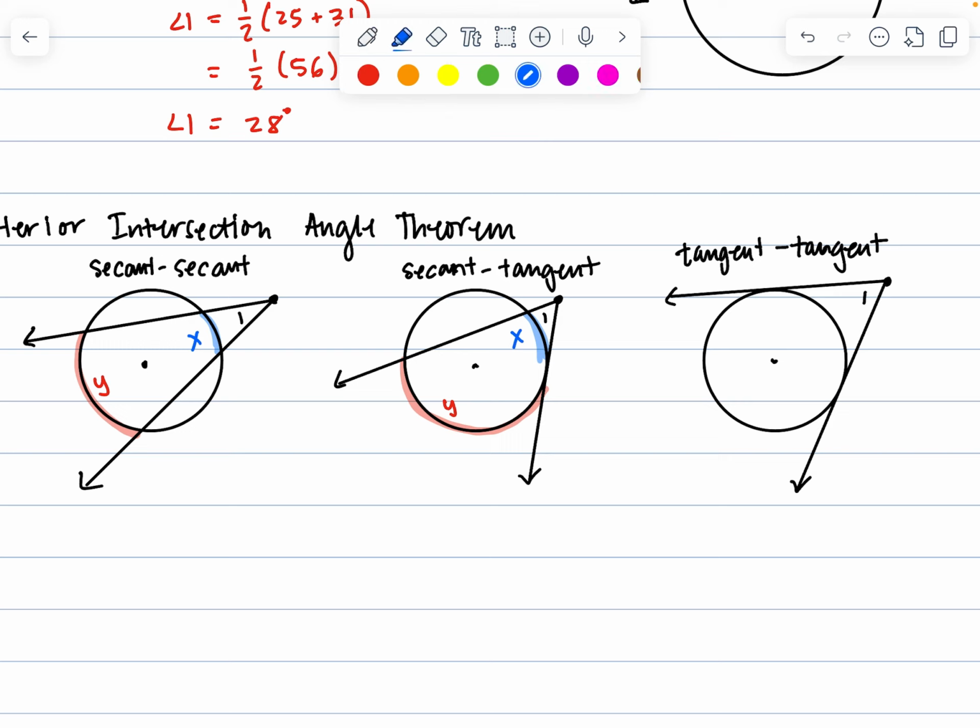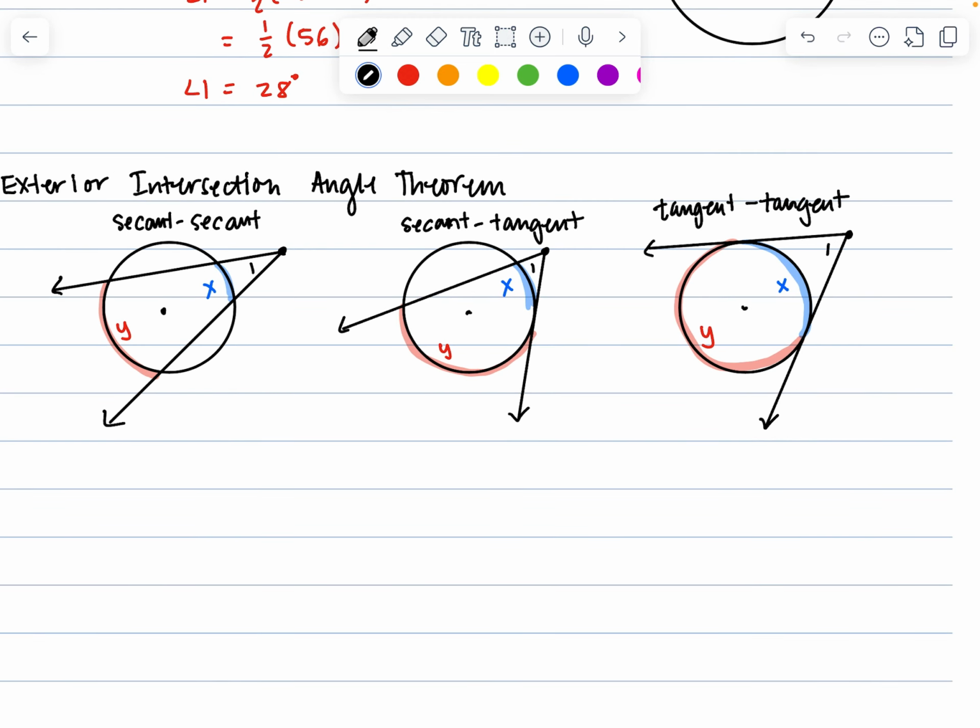And once again, we have a big arc in red and then a small arc in blue. We can label these accordingly, according to the color: the bigger is Y, the smaller is X. In each one of these scenarios, the equation's still the same.